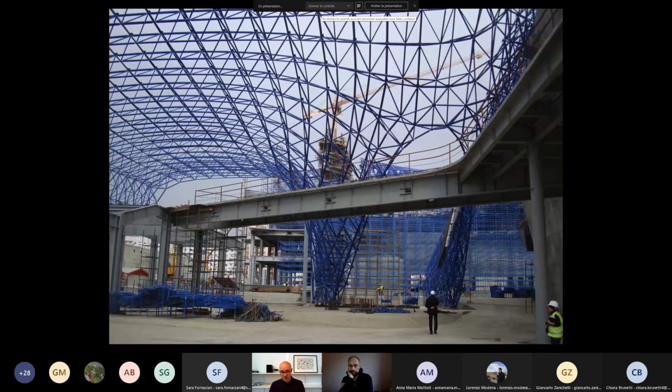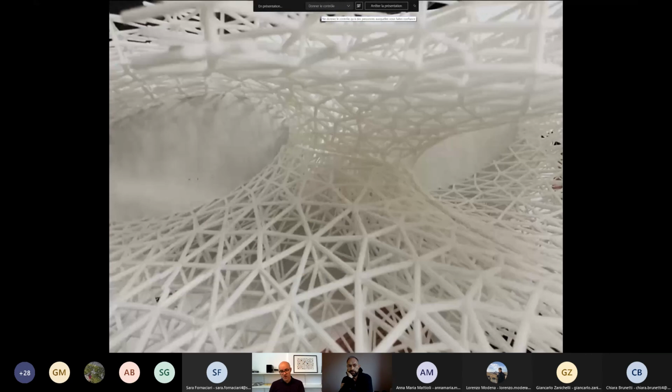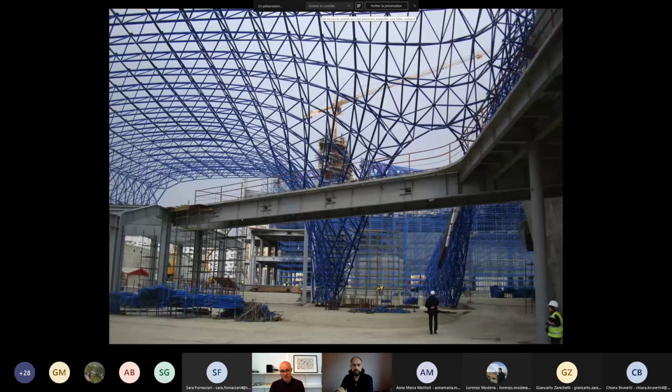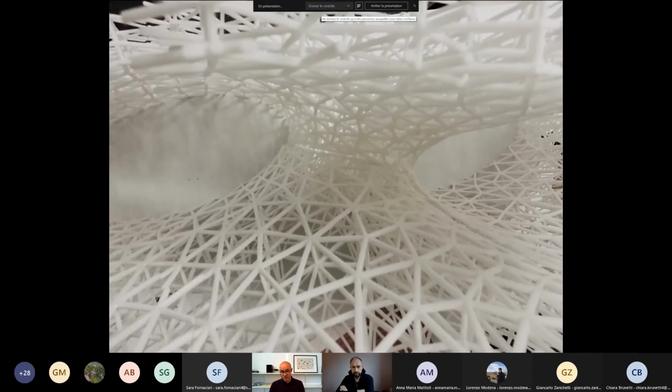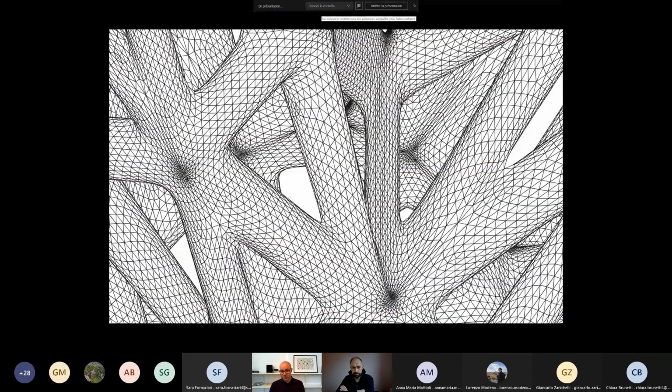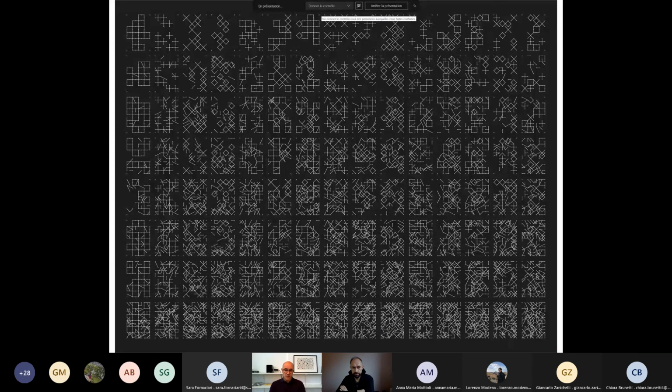But I love so much those things just before they are covered. I like this very much, so I really wanted to go further and experiment with what could be done, not with steel, because when it's in steel you can't really keep it uncovered, but in concrete.